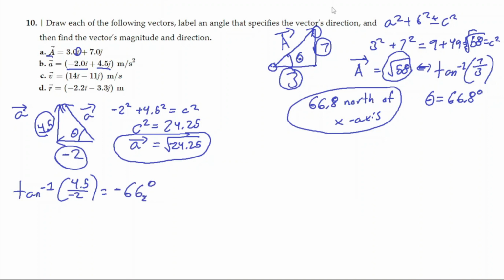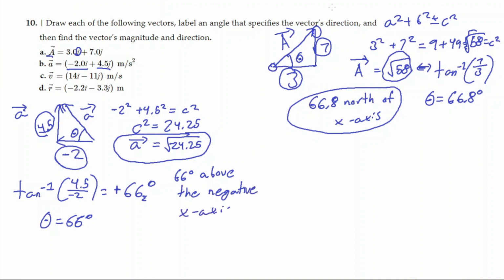But since the negative denotes that it's on the left side of the y-axis, we could just put that as positive for now. So theta is equal to 66 degrees. The reason we took out the negative sign is because we're going to show it in word form. So the acceleration vector is 66 degrees above the negative x-axis.